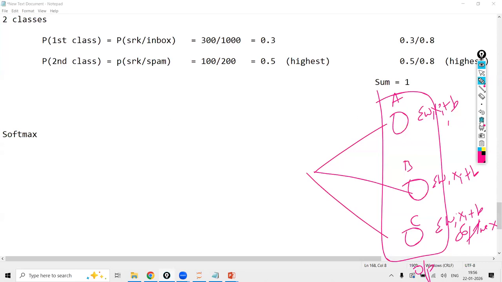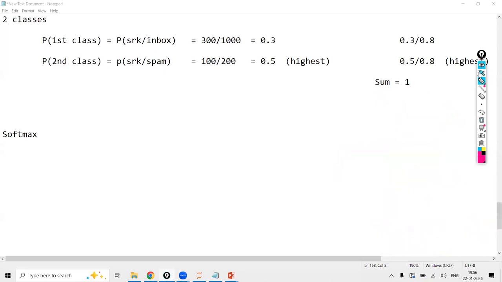Sir, in the mail, for example, not only inbox and spam, nowadays in Google we also have primary, updates, social, promotions. Then calculate what is the probability of SRK in the primary?